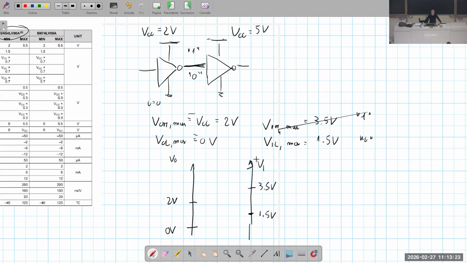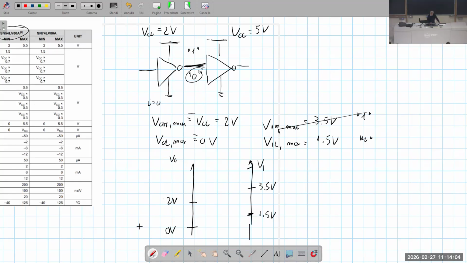Is it possible to successfully exchange information at the low logic level? So if the transmitter wants to force a 0, is it properly interpreted by the receiver? Yes, because VOL maximum is smaller than VIL maximum, so the 0 is properly recognized. But what about the 1?